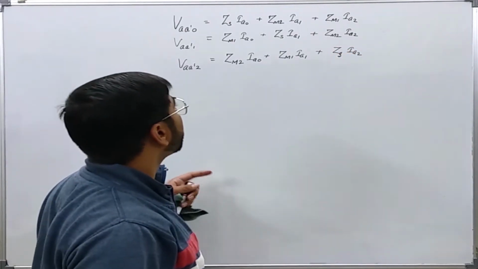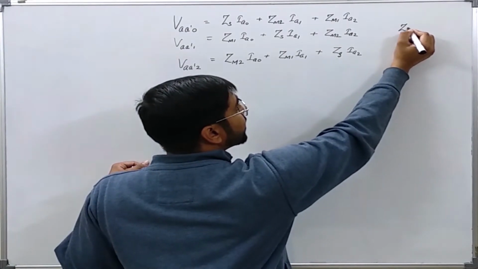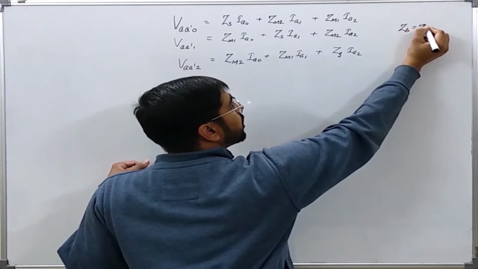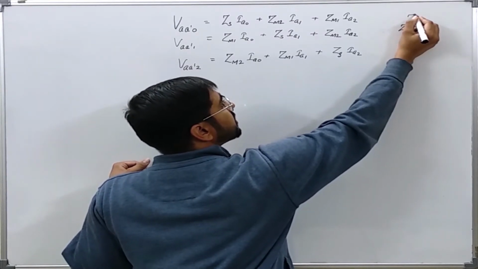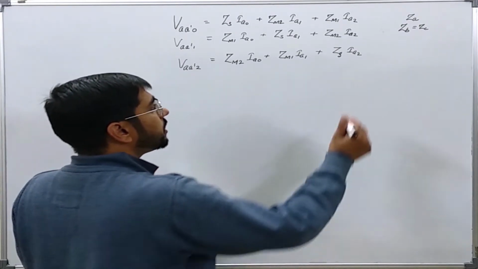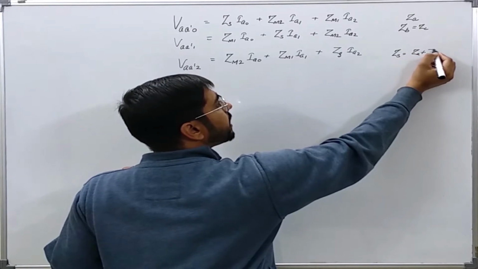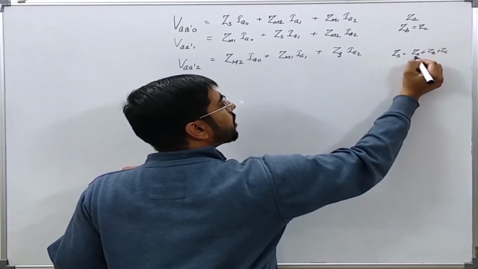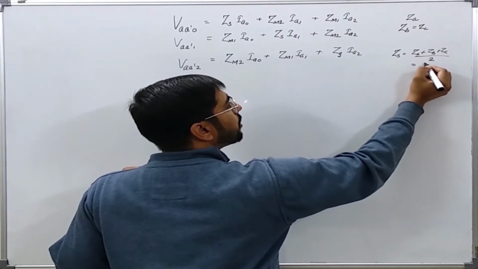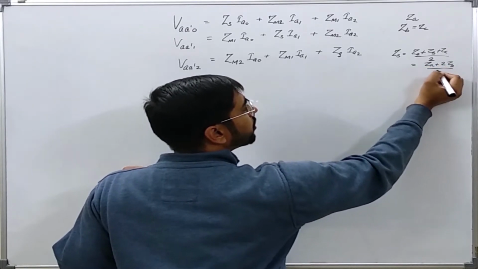Now we also know that in our special case, ZB is equal to ZC and there is a ZA in the third phase. Now we know that ZS is equal to ZA plus ZB plus ZC over 3, so it is equal to ZA plus 2ZB over 3.